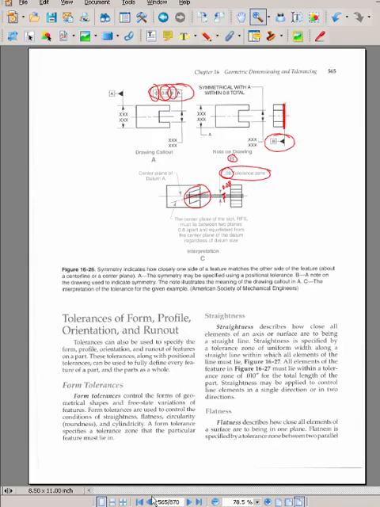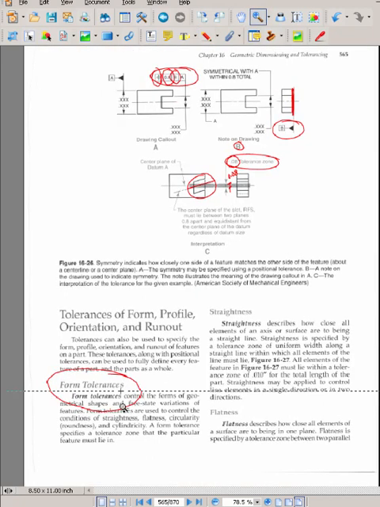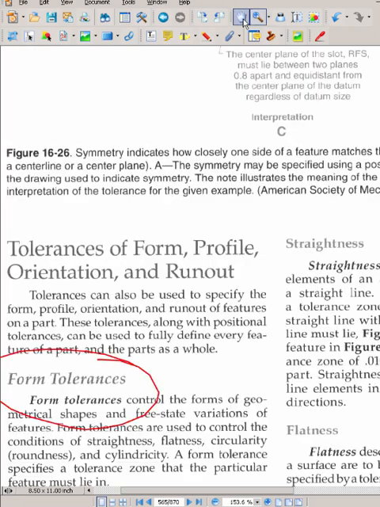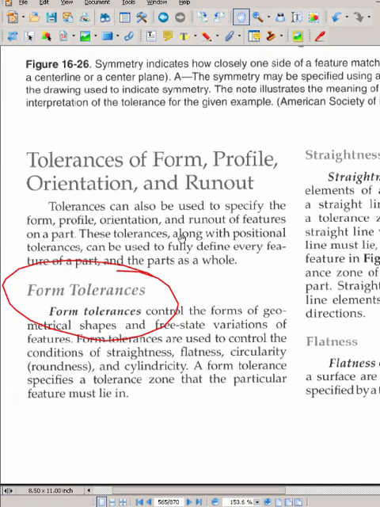Alright, so now we're moving on to a different type of set of tolerances. And we are now talking about form tolerances. Tolerances that aren't so specific on a particular position or location, but more dealing with the actual shape of the part, like straightness, flatness, circularity, or roundness, that's what they mean by circularity, and cylindricity.